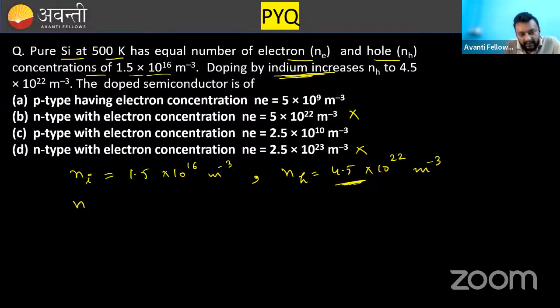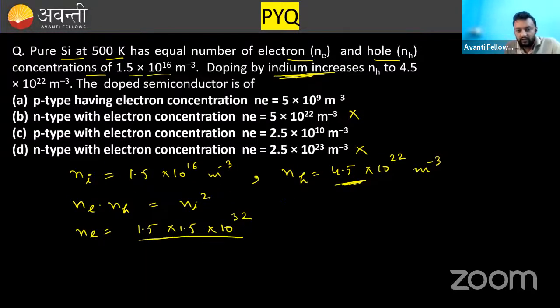What we know is that Ne into NH equals Ni square. Just put the value. So Ne equals 1.5 into 1.5 into 10 raised to power 16. If you square it, it will become 32 divided by NH. NH is 4.5 into 10 raised to the power 22.